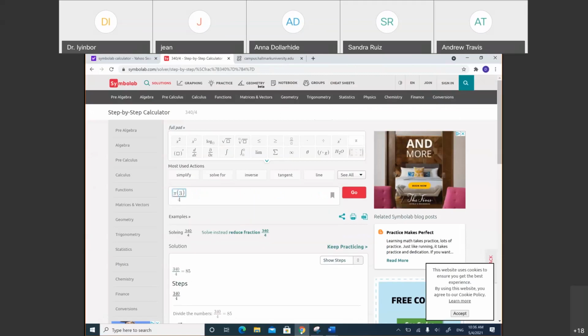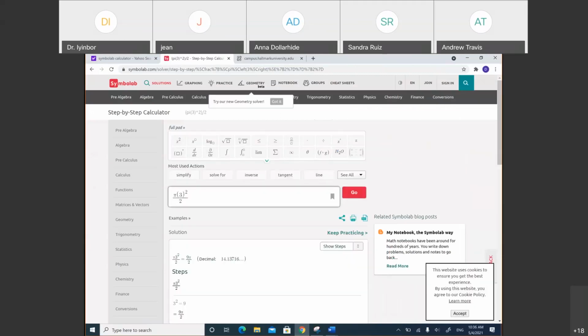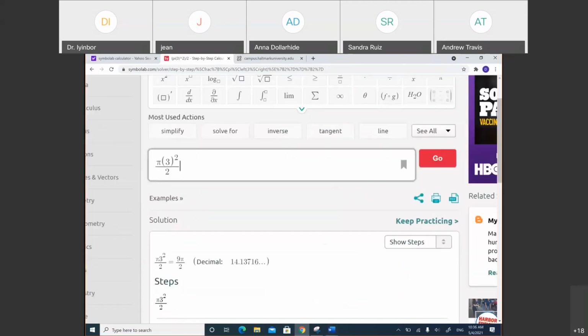I'm just going to put it exactly the way it is, 3 squared over 2. And it's going to give me the answer, 14.137, so it's 14.14, right? I'm going to round to the decimal. 14.14, yes? Everybody understand that?